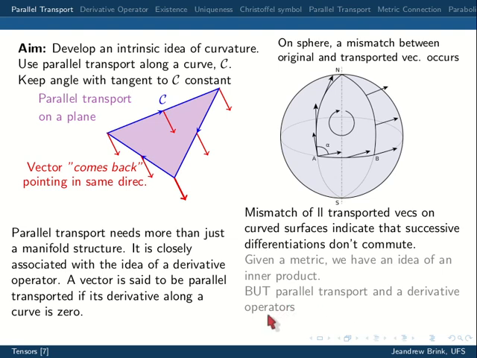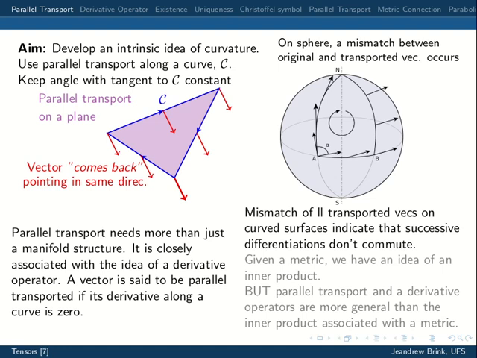So parallel transport doesn't require a metric, but it does require derivative operators. In fact, it is more general than an inner product associated with a metric. The only reason we introduced the metric is because it's easier, and it's an example of a two-tensor that has certain special properties.